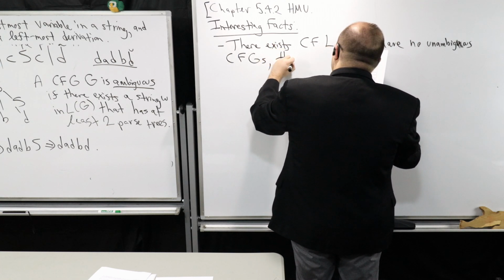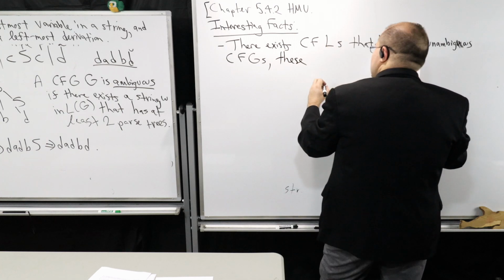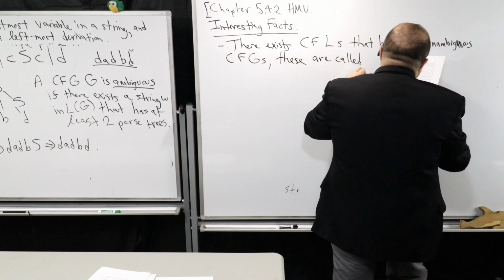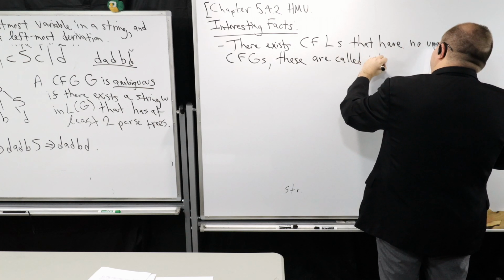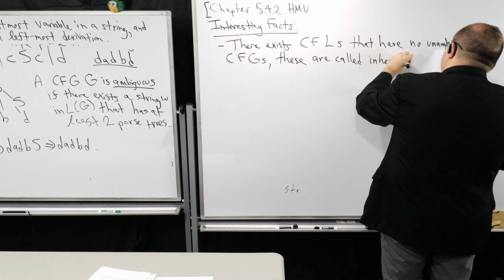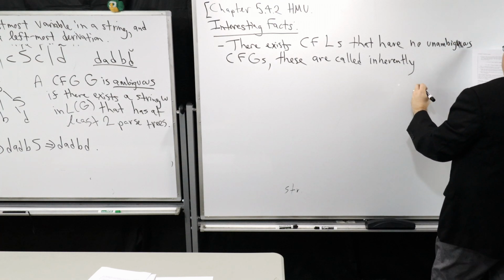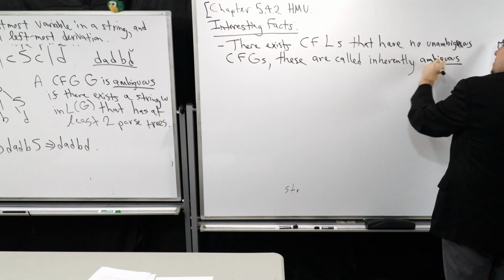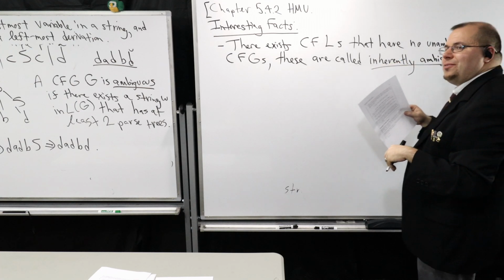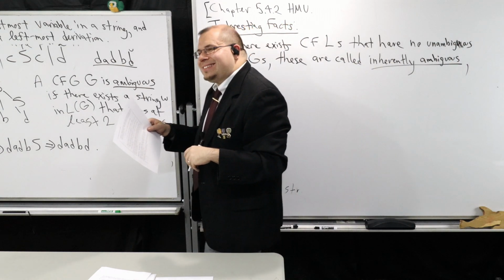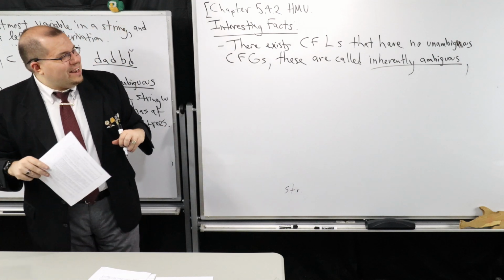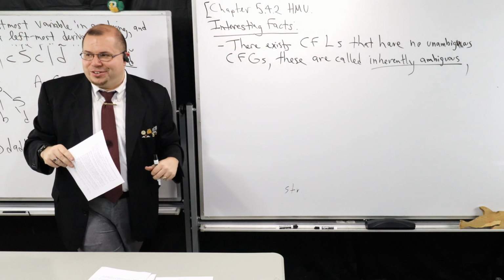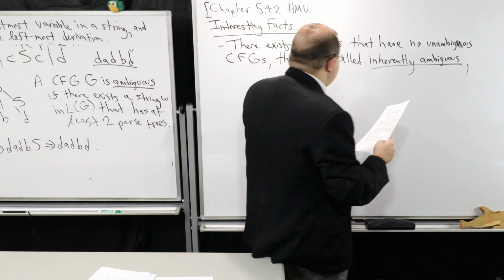These are called inherently ambiguous. So languages of this form do not have a single grammar that is unambiguous, meaning you're always going to run into this parse tree issue that I just described for some languages.